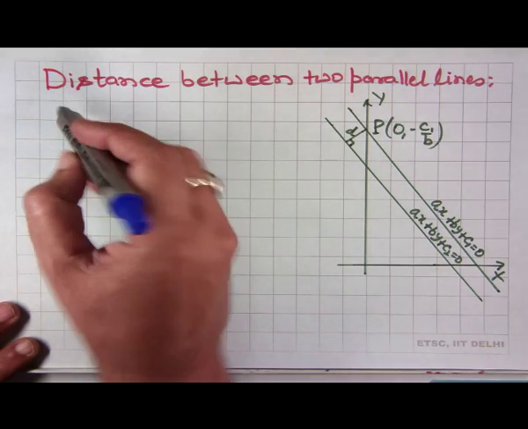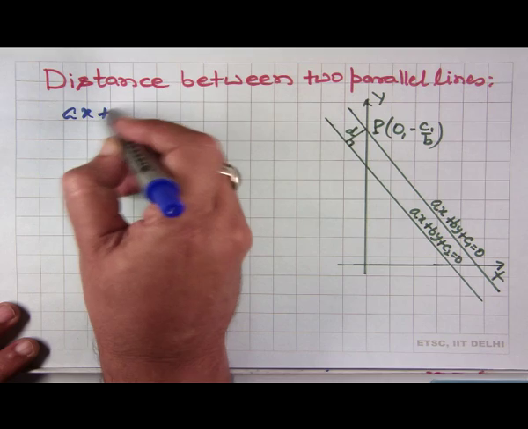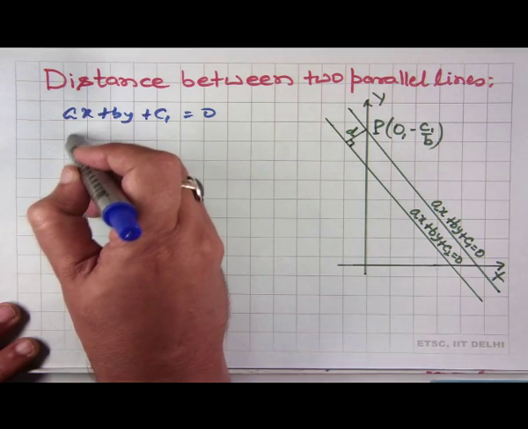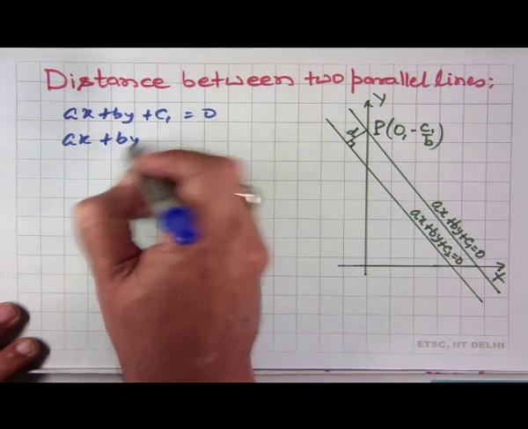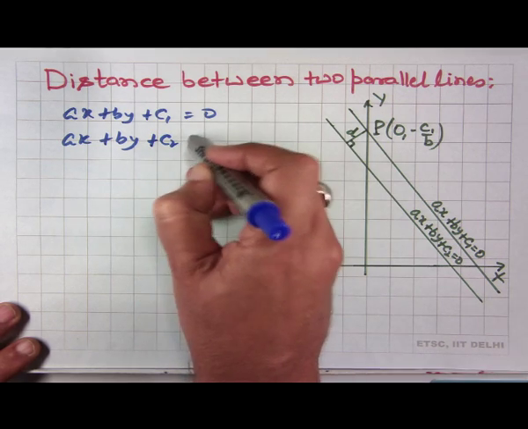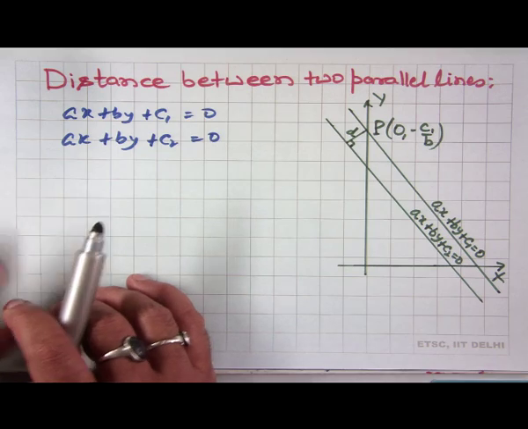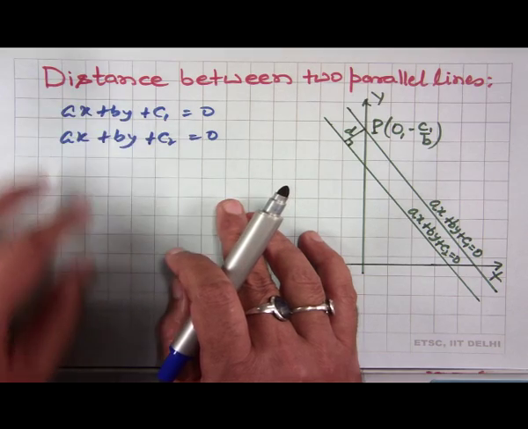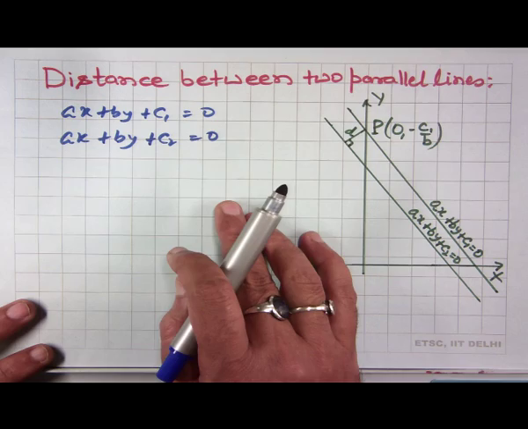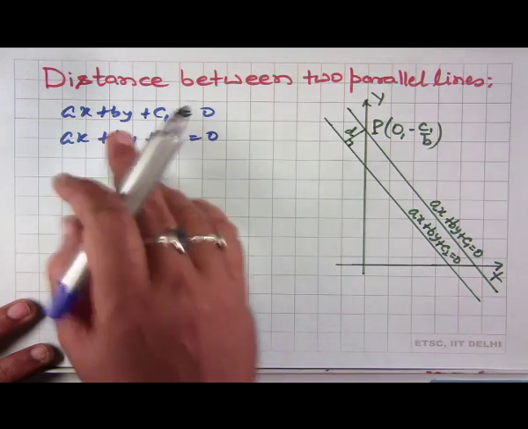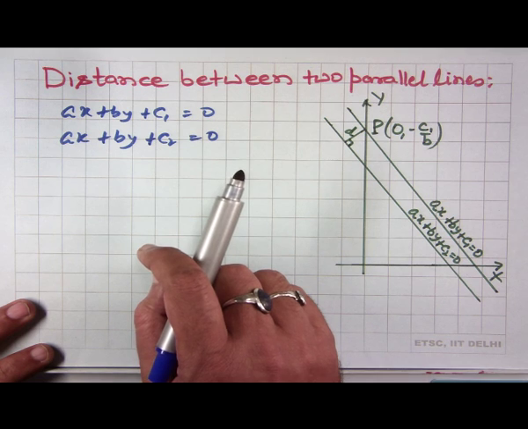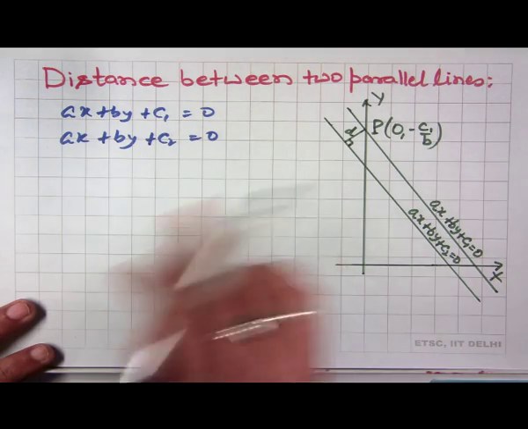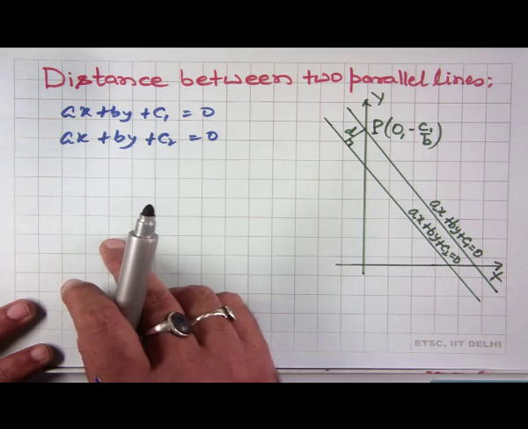These two lines are parallel, because when you find the slope of these two lines, the slope of the first line is minus a by b and the slope of the second line is also minus a by b. So the slopes are equal, so these two lines are parallel.